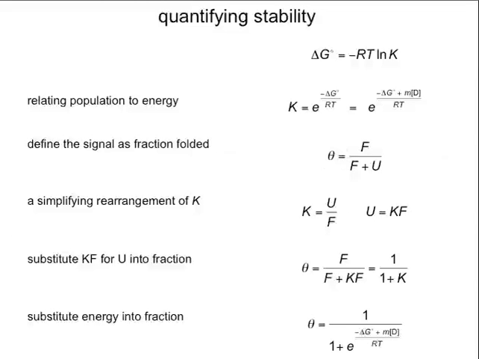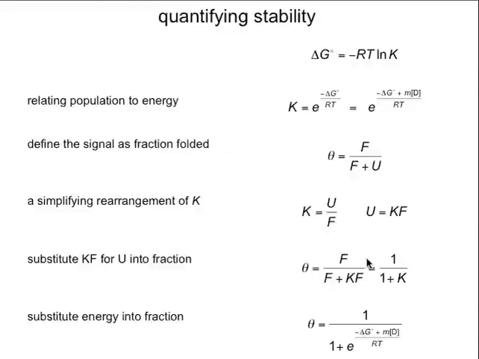Well, let's go back to our equilibrium constant, right? Here it is. We want to do some simplifying rearrangement, so we can solve for u here, so that we only have a couple of variables in our fraction, and then we substitute, right?